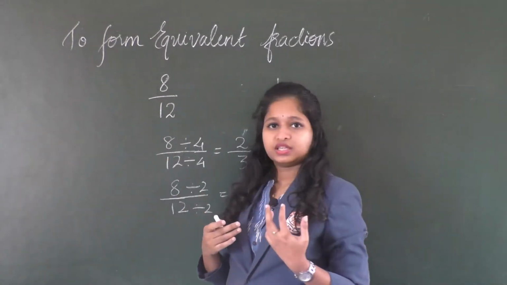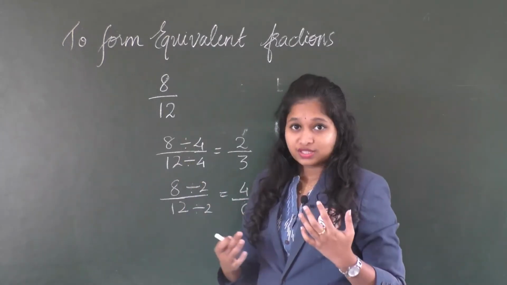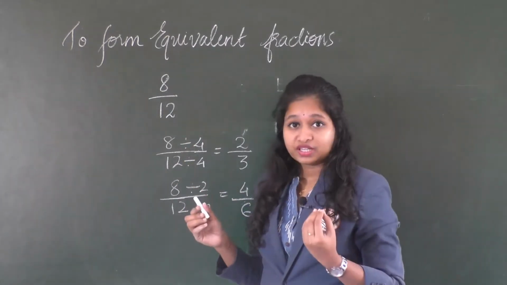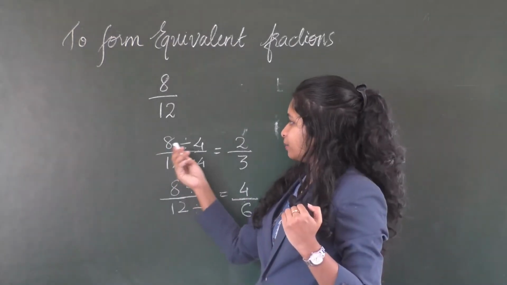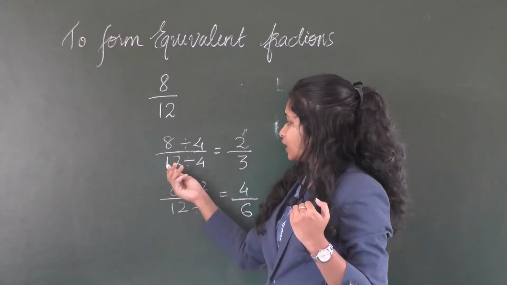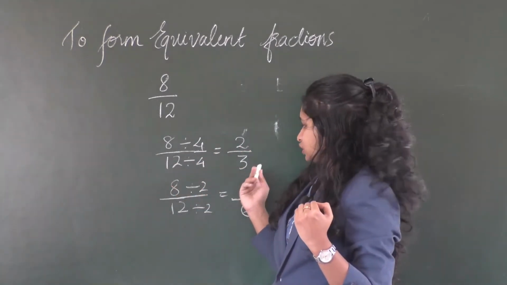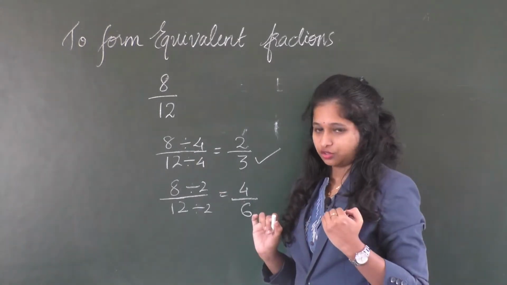So, let's divide 8 by 12 by 4. That means divide the numerator and denominator by 4. So 8 by 4 is 2 and 12 by 4 is 3. So we have formed one equivalent fraction.